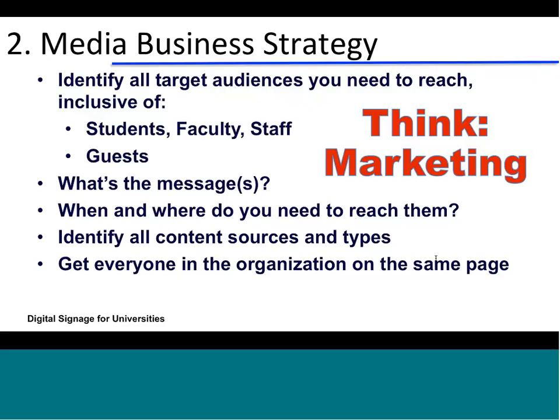To do this, it's a matter of getting everyone in the organization on the same page, because you may be distributing content to all points on campus, all types of facilities and departments, and that's going to go across a number of different business units or groups.